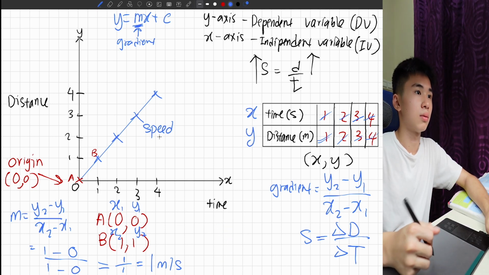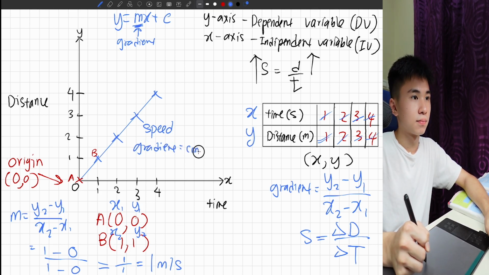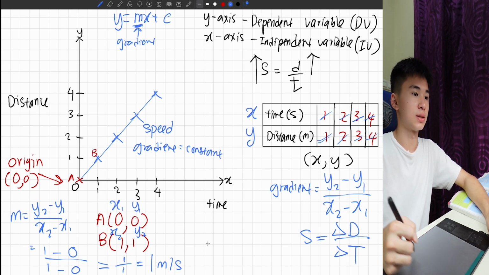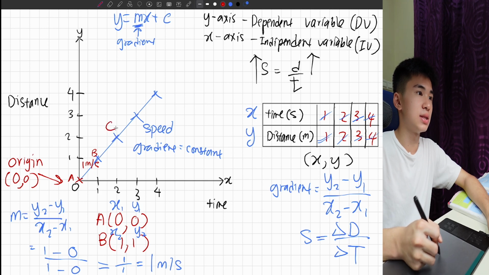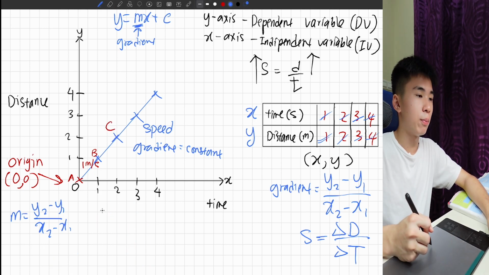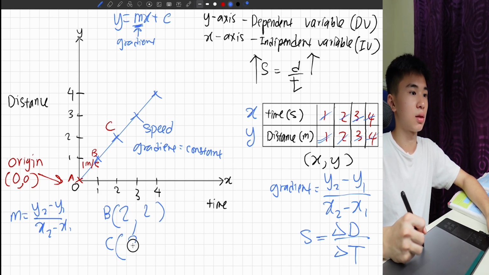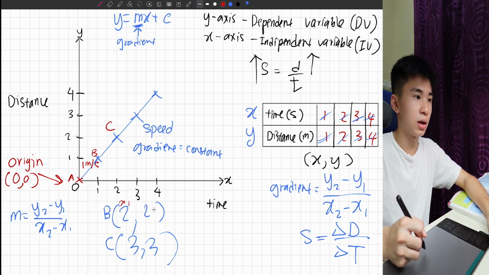Also, this gradient is constant. So this is 1 m/s. I can prove it with B to C. Our point B is x equals 2, y equals 2, and C is 3 and 3. I will put this as x1 again, it's easier.